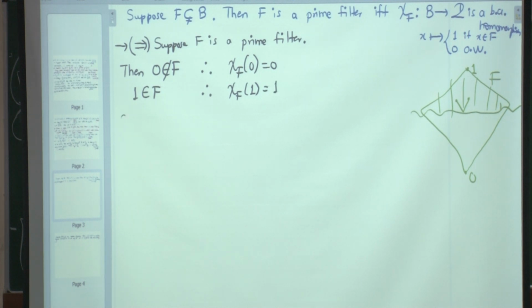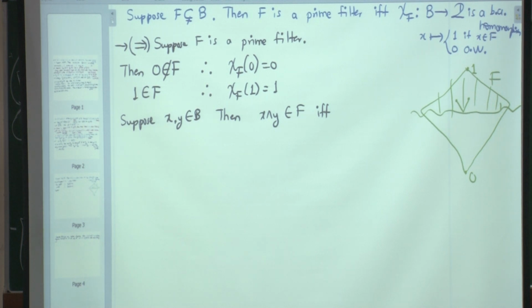Now we want to show the meet property. Take two arbitrary elements, suppose x, y be in B. Then x meet y is in F if and only if what happens?